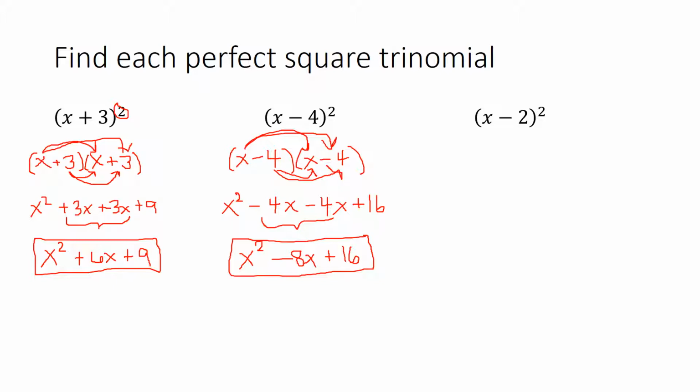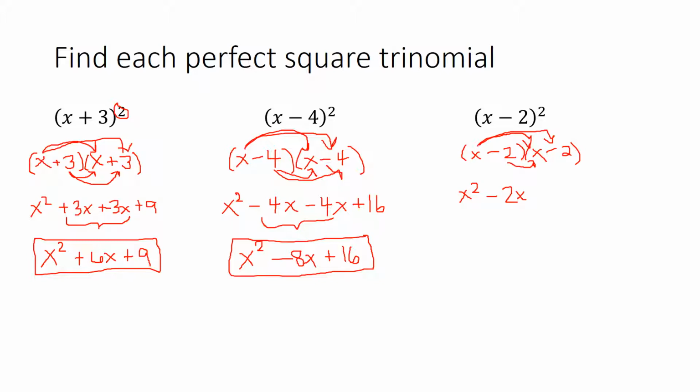Okay, we're going to do the same thing for the third example. Again, here we are squaring x minus 2, which means we're just going to multiply x minus 2 times x minus 2. In order to multiply this out, we'll start by multiplying the first two terms. x times x is x squared. Then we'll multiply the outside two terms. x times negative 2 is negative 2x.